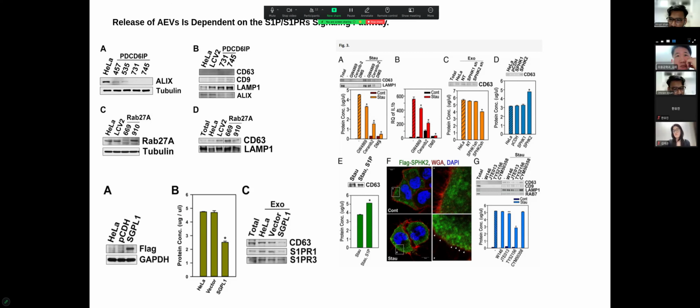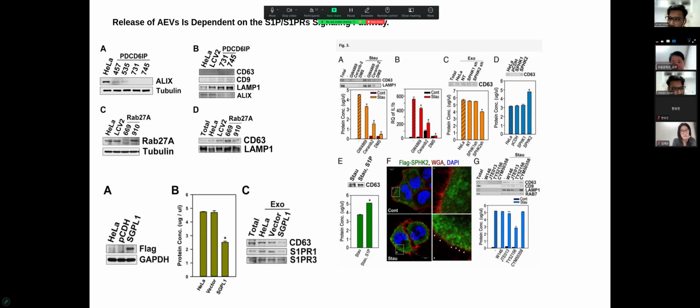Actually, from the membrane sphingolipid, sphingomyelinase makes ceramide. And then ceranib-2 transforms ceramide to sphingosine. And sphingosine kinase transforms sphingosine to sphingosine 1-phosphate.